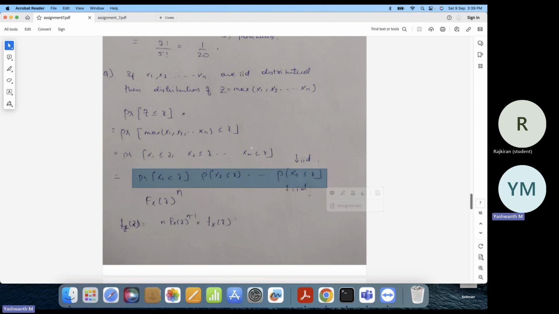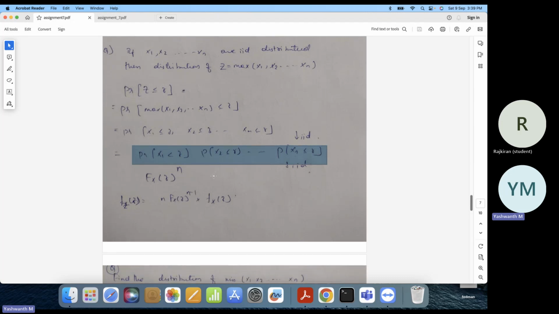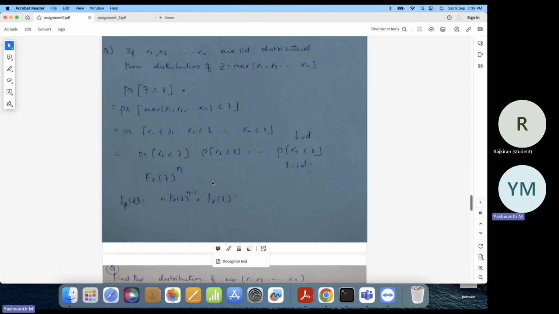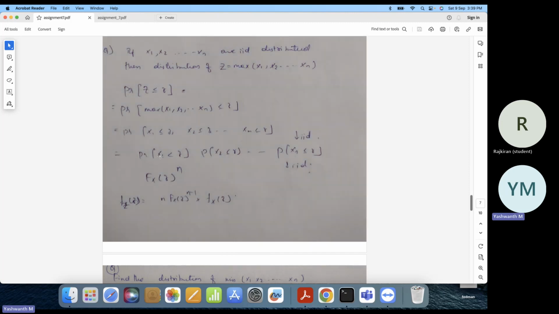All the events are independent. Why are they independent? That is the assumption. So this is nothing but Fx of z raised to the power n. Why is this Fx of z raised to the power n? Because x1, x2, x3, they all have common distribution capital Fx of z.